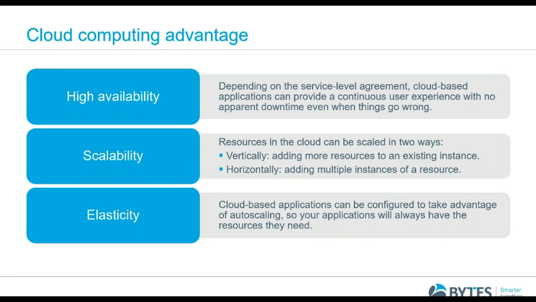So if you have a virtual machine which is running a solution, you can replicate that and have multiple versions of that, with maybe a load balancer sitting in front of it as a solution for scalability. That is possible in the cloud very easily, given the fact that you don't have to worry about the underlying infrastructure that is provided by Azure.